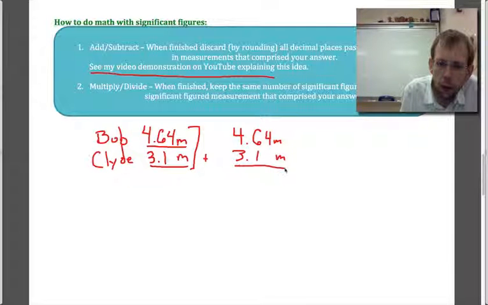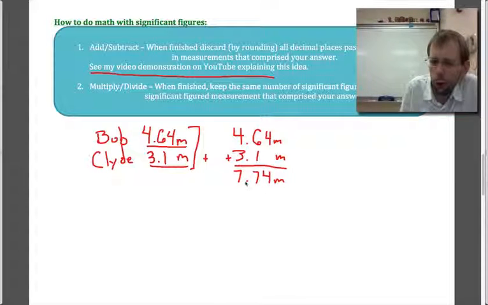Now, when I add these together, what's my resulting answer? Well, in math world, this is easy. You weld them together, you add them up discretely here, so 7.74 meters. All right. In the science world, let's say, I don't think so, pal. This guy's measuring device was suckier than this one's.